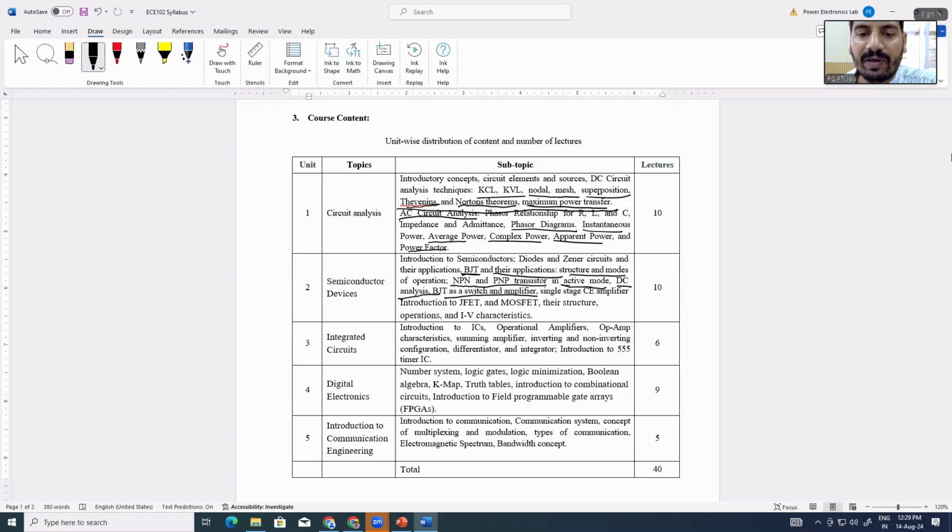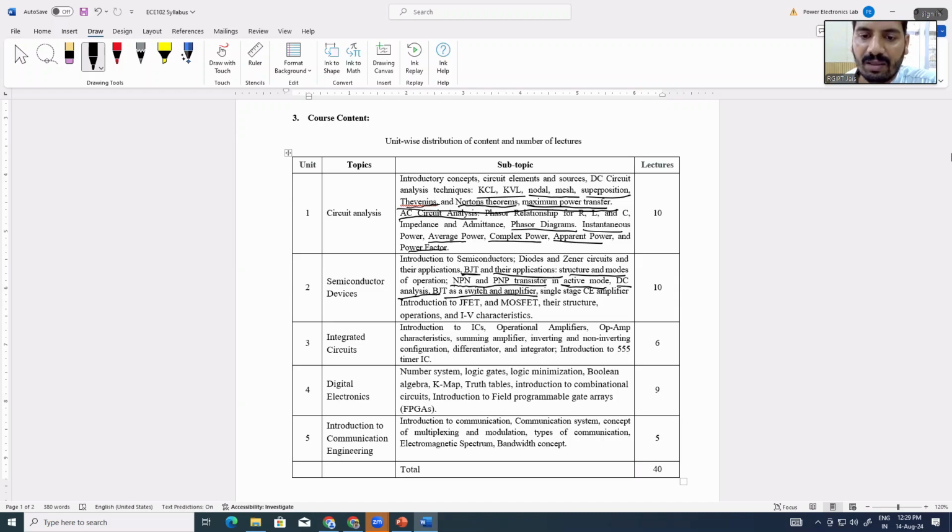Then about amplifiers, we can use BJT in active mode as an amplifier, because in active mode the current can be amplified. BJT is basically a current control device, meaning we can control the current.